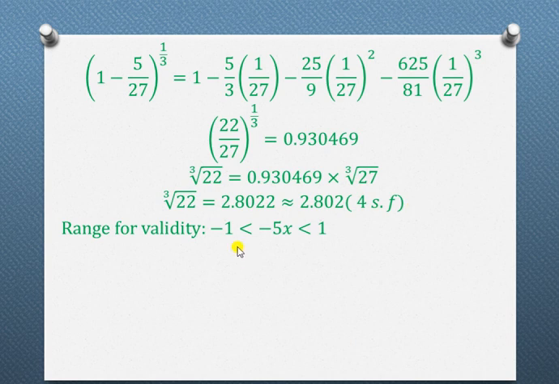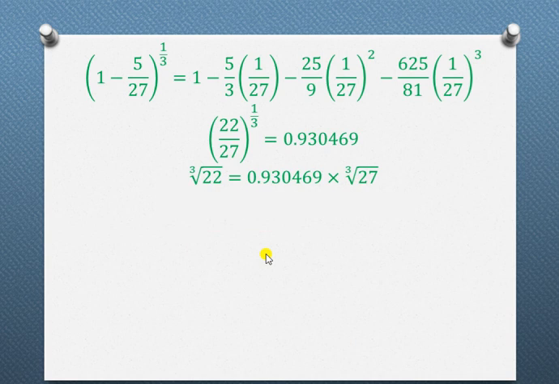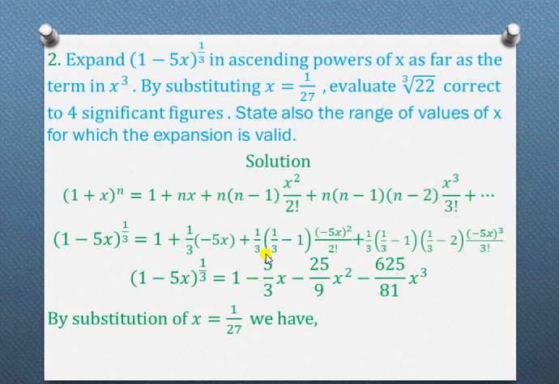They also asked for the range of validity. Now, when you go back to what we had, this is what we have. And if you compare it with this, we said for this expansion, it is valid when x is between -1 and +1.